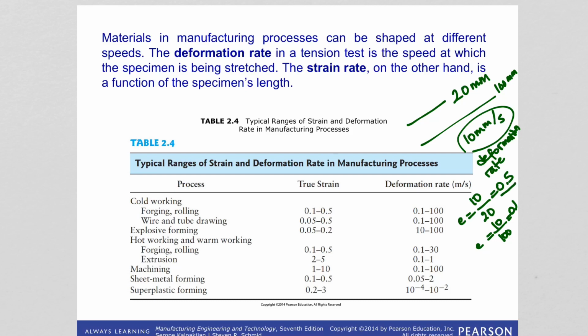So 0.5 per second, 0.1 per second, that is the strain rate. And some typical ranges of strain and deformation rates that we use in manufacturing processes are given in this table. And as you can see, we encounter wide ranges of deformation and strain rates in practice.